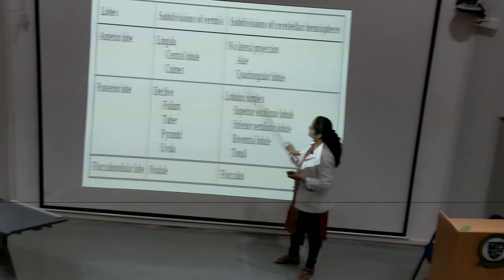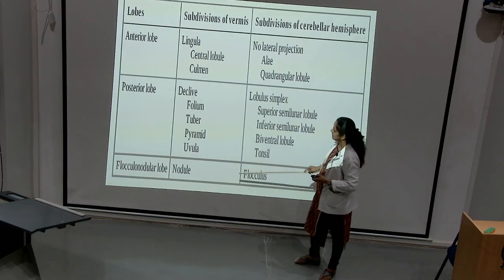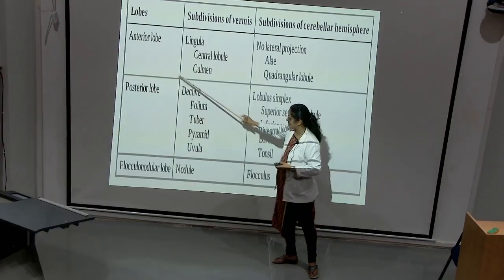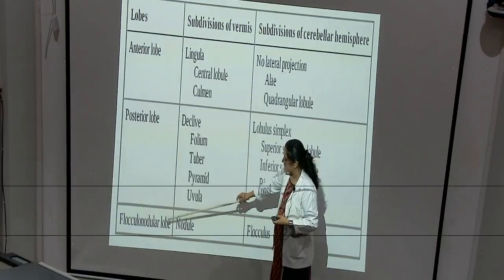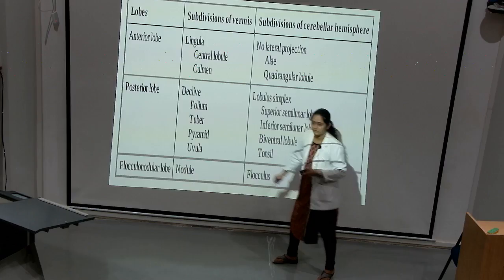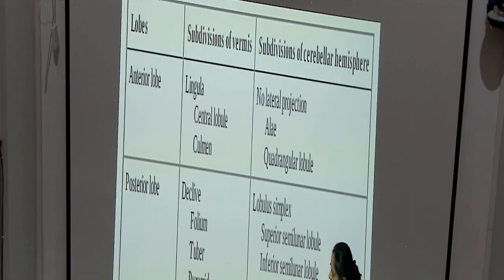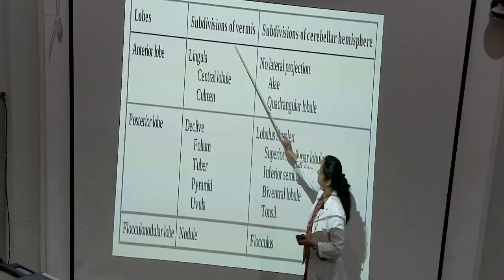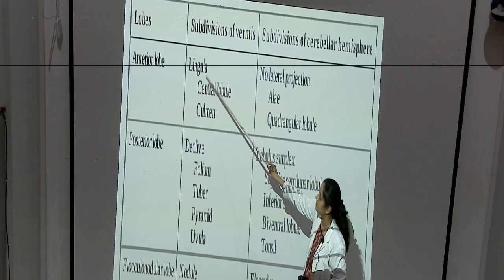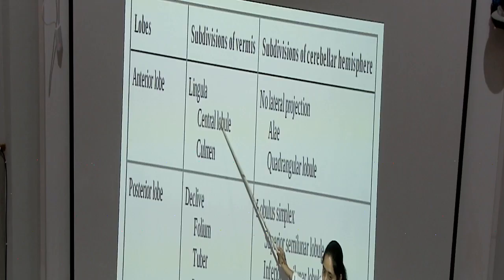So this has been summarized for you here. The anterior lobe is separated from the posterior lobe with the help of the fissura prima. The posterior lobe is separated from the flocculonodular lobe with the help of the posterolateral fissure. On the anterior lobe, the subdivisions of the vermis are as follows: lingula, central lobule and culmen.